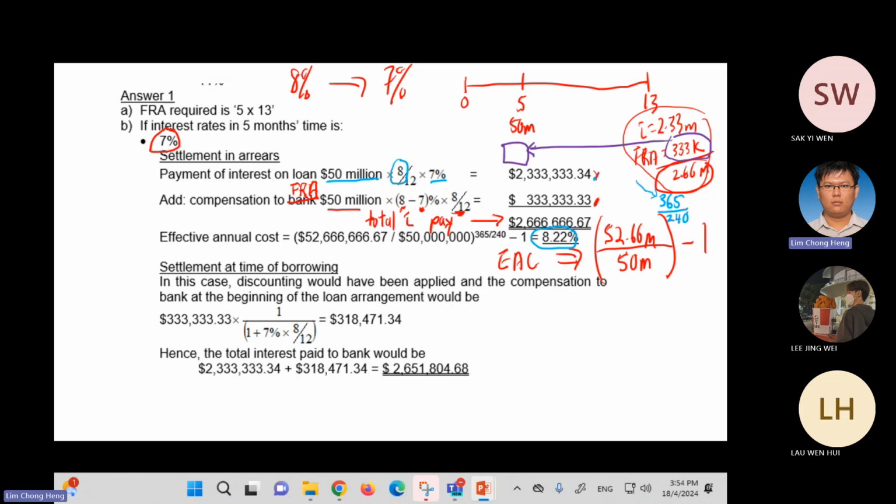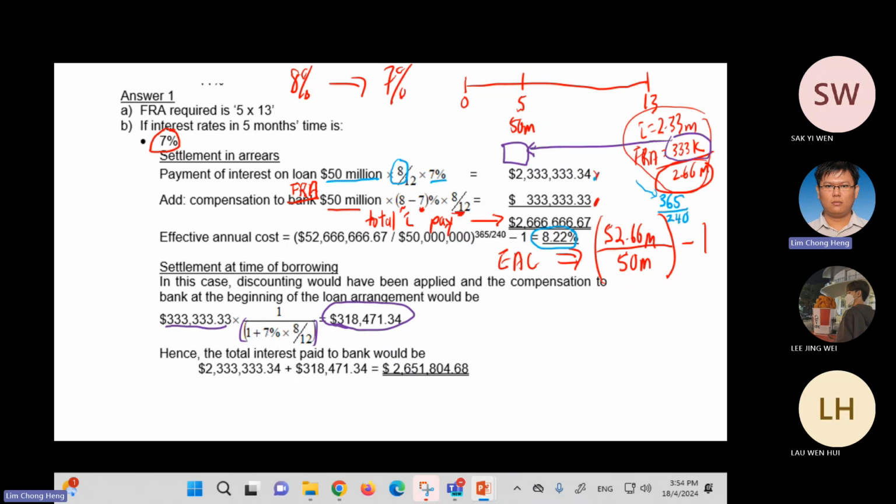So how is the calculation here? Bank will say, okay, we bring this amount to the present value. Discount to the present value, 7%, for 8 months, so you need to pay this amount of money to the FRA seller, 318,000.